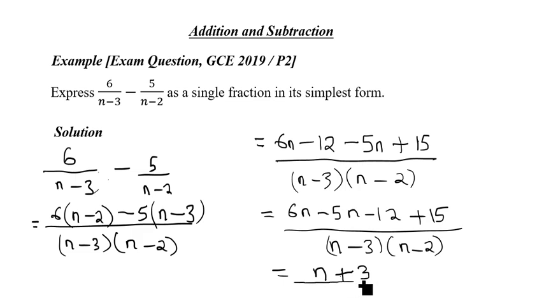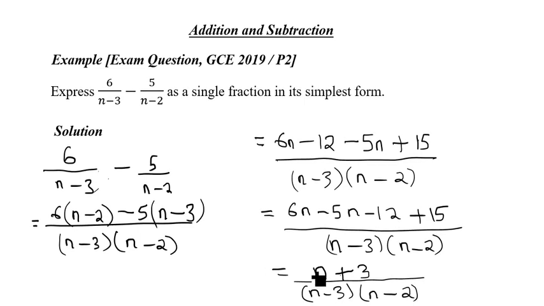Then you write everything over the denominator, so it will be n minus 3, okay, and n minus 2. So this is our final answer. Okay, we can't simplify this further, so our answer was just n plus 3 over n minus 3 in the brackets, n minus 2 in the brackets.